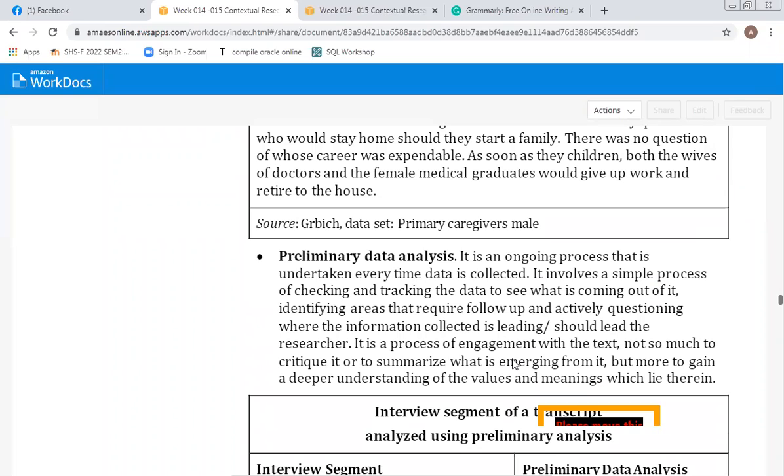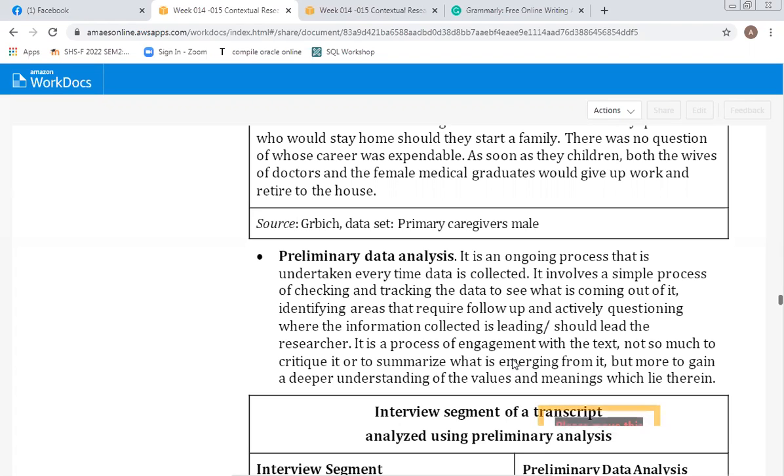Okay? Primary data analysis. It is an ongoing process that is undertaken every time data is collected. It involves a simple process of checking and tracking the data to see what is coming out of it, identifying areas that require follow-up, and actively questioning where the information collected should lead the researcher.